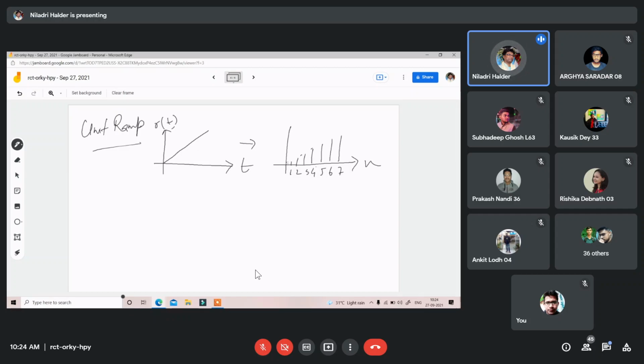So that value will be 1, that value will be 2, that value will be 3, 4, 5, 6, like that it will change. As it is unit ramp, the angle will be obviously the 45 degree. And to make it 45 degree, whatever the change in x-axis will happen, for the same time, same change will happen to the y-axis.